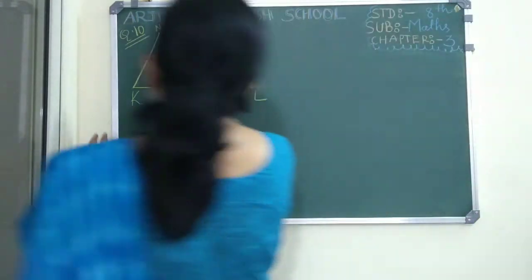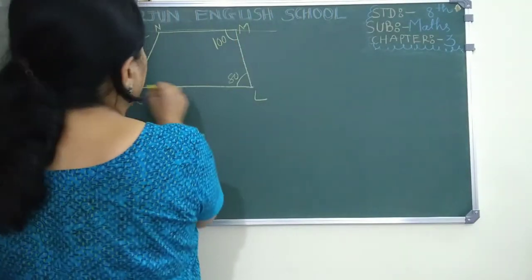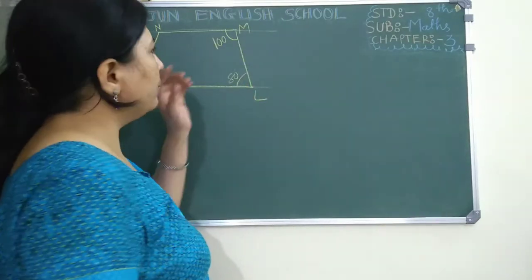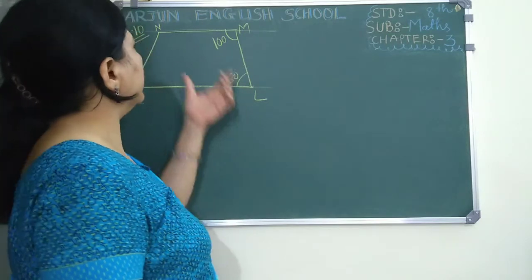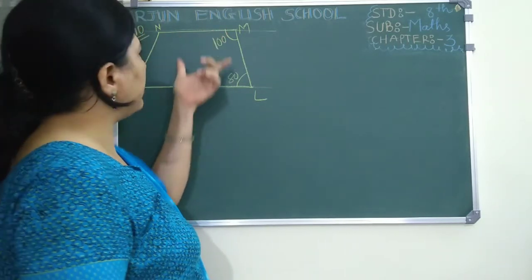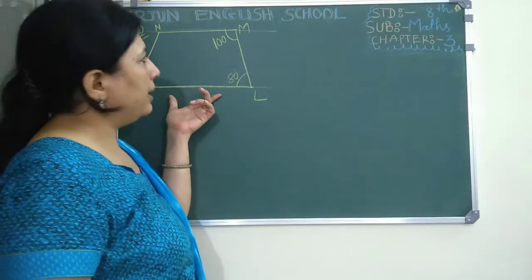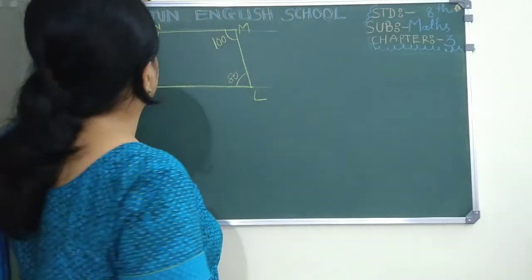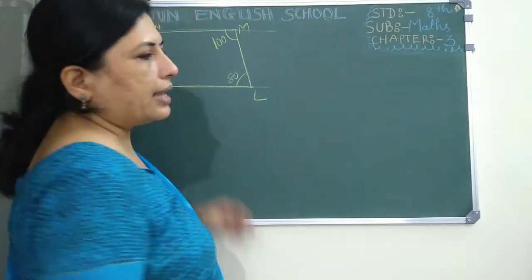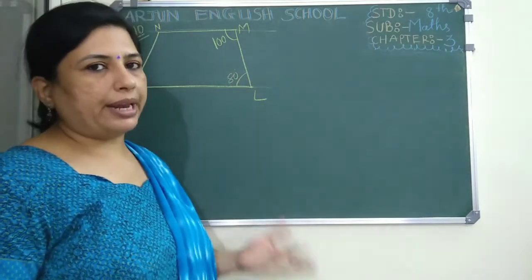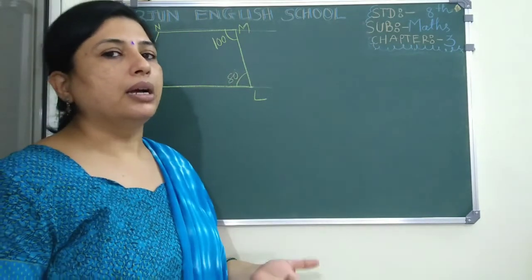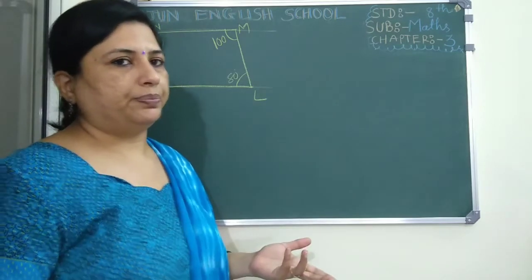So we can see that both the lines are parallel. We have to mention which pair is parallel in this figure. So we can say that MN is parallel to KL. But the other pair is not parallel as per this figure. So we can say that this is not a parallelogram, but this is a trapezium.